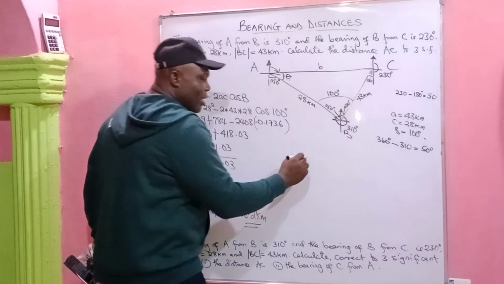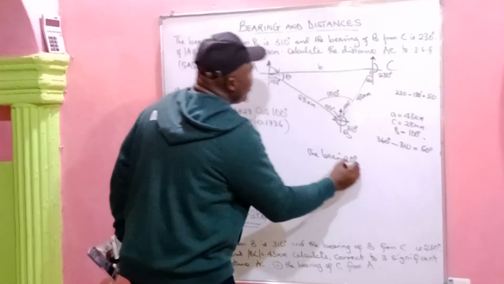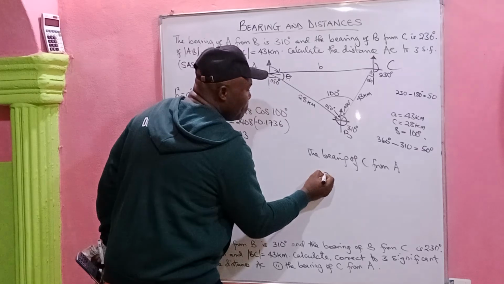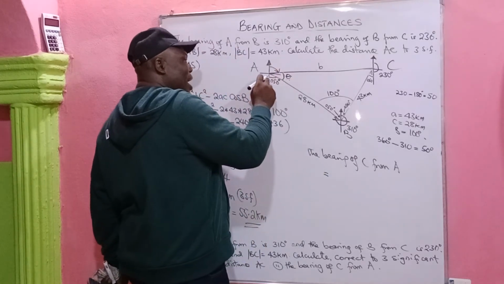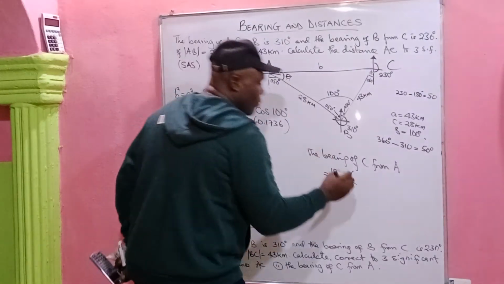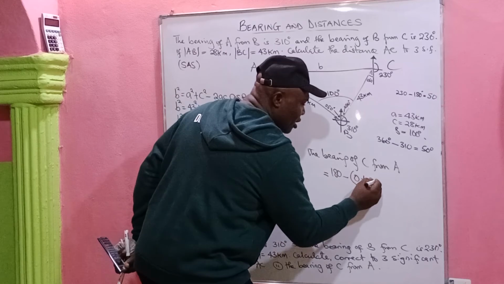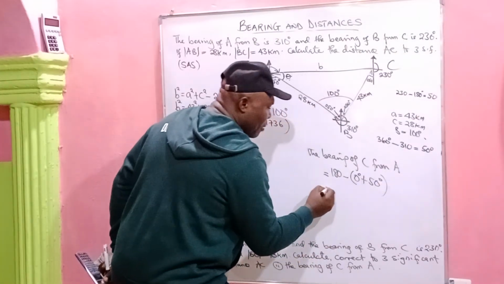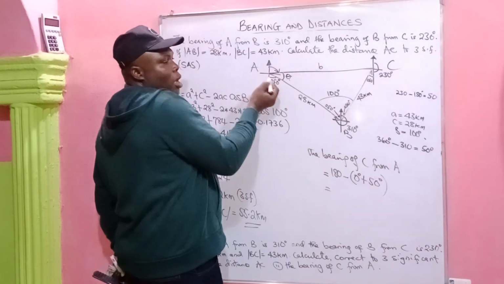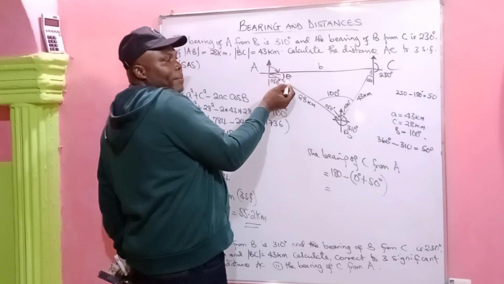So the bearing of C from A will simply be the whole of here to here, which is 180, minus theta and 50 and 50. So that will give you the bearing you're looking for. Because from here to here is 180. If this is 50, this is 50 by alternate angle.